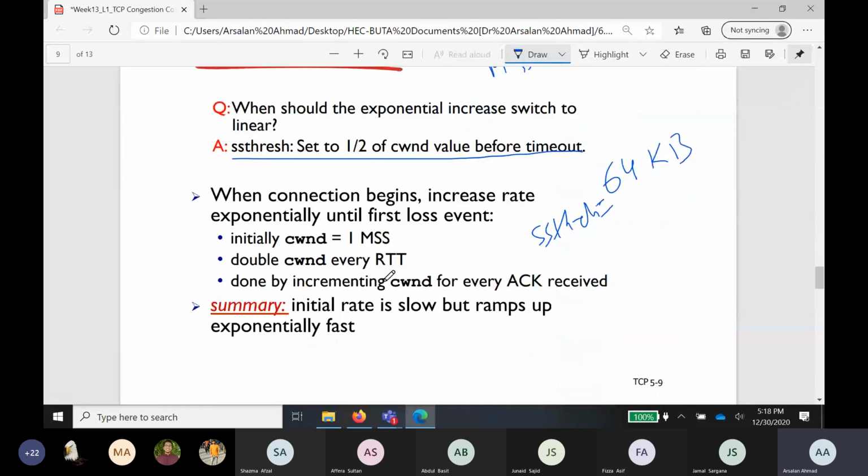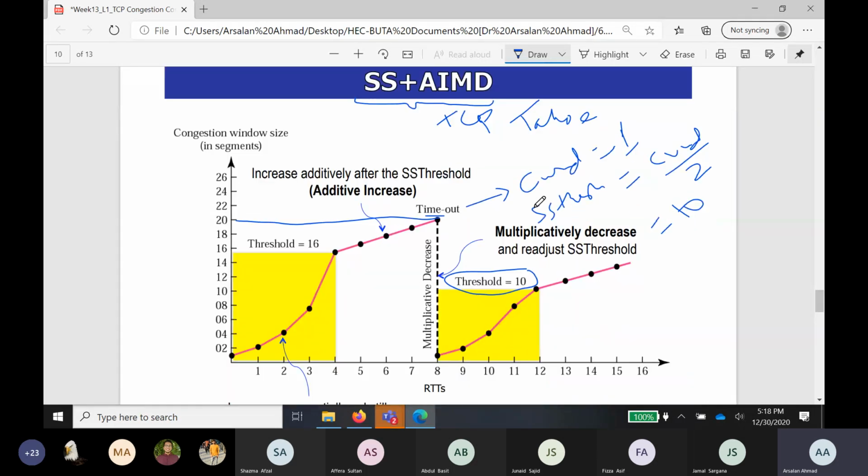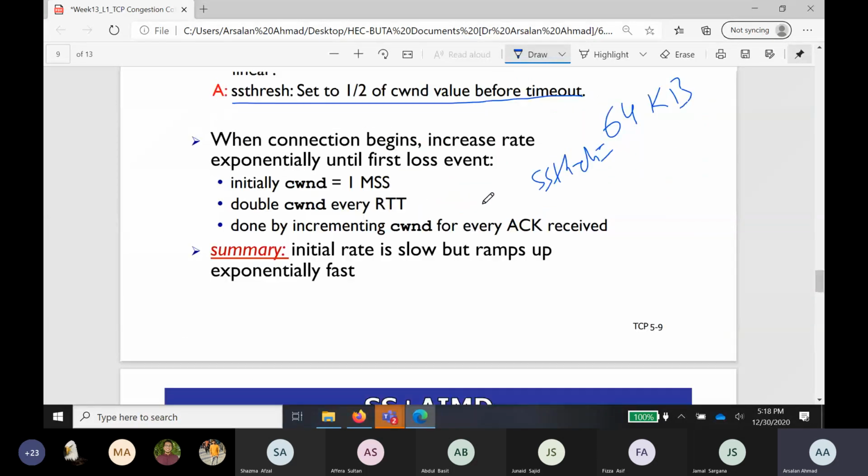In the first instance, we don't know the behavior of the network, so we set the slow start threshold to some random safe value, which is 64 kilobytes. After that, the timeout will govern.